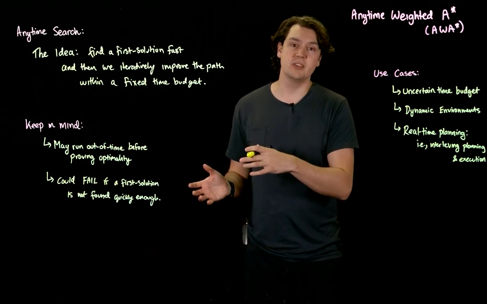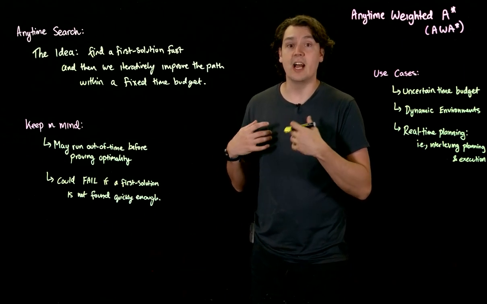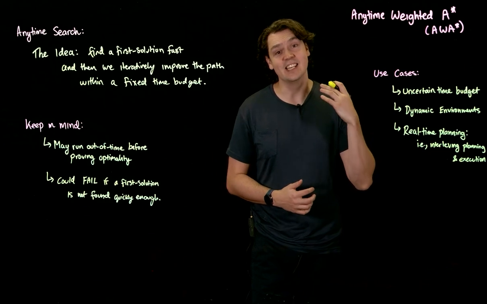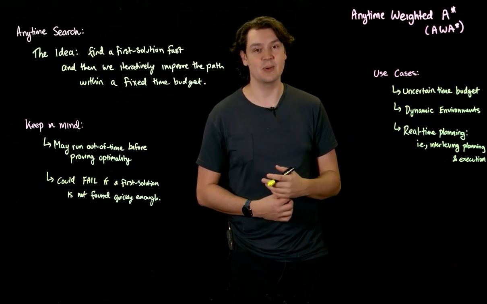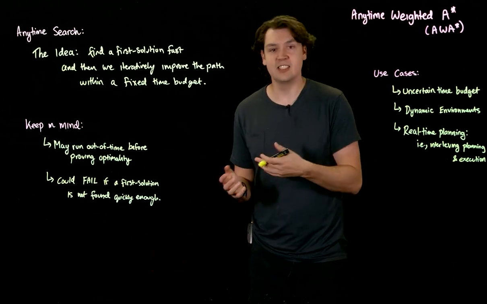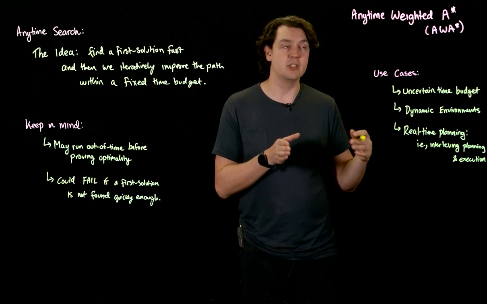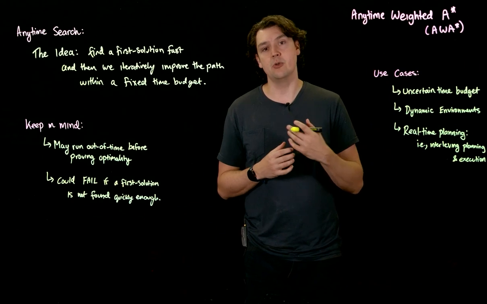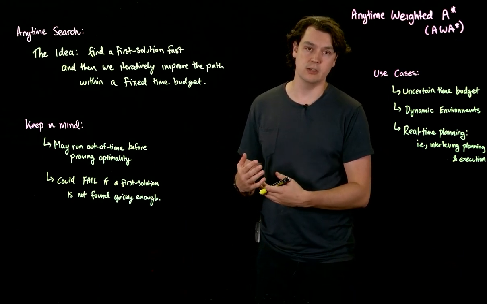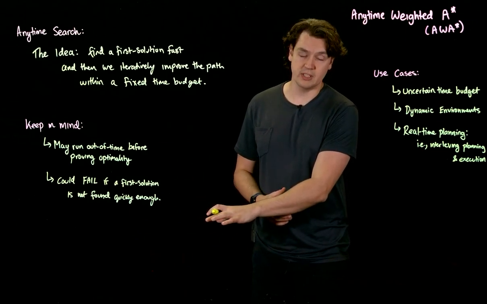What we've just seen in the previous video is that Weighted A-star is on average much faster. However, in certain situations, it is substantially worse as well, or maybe it's just hard for all algorithms. There's no guarantees. You don't have a guarantee that within a set amount of time you will even obtain the first solution and then be able to iteratively improve, okay? So that's something really to keep in mind.